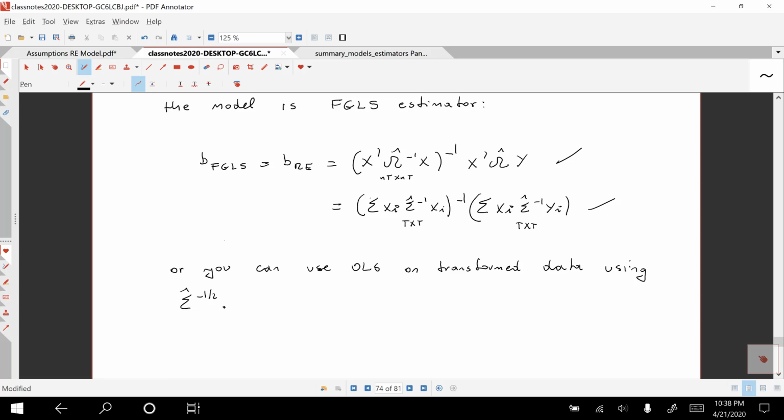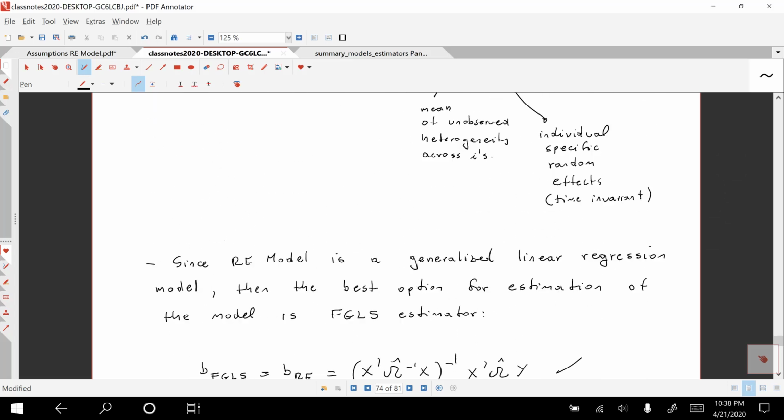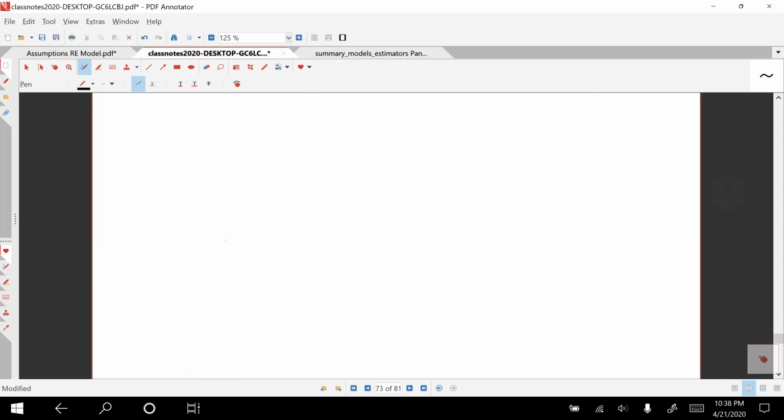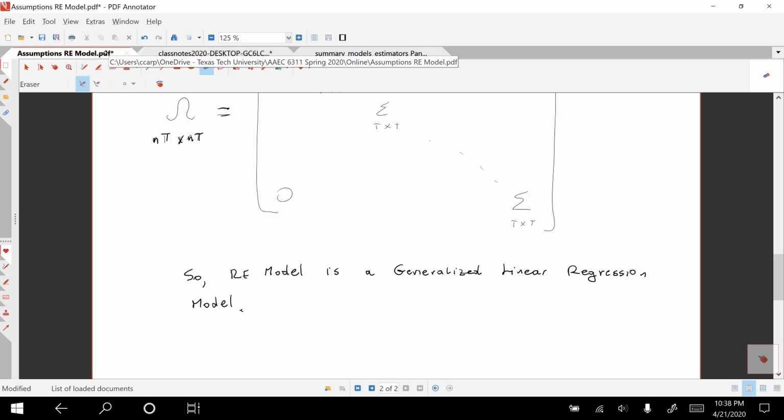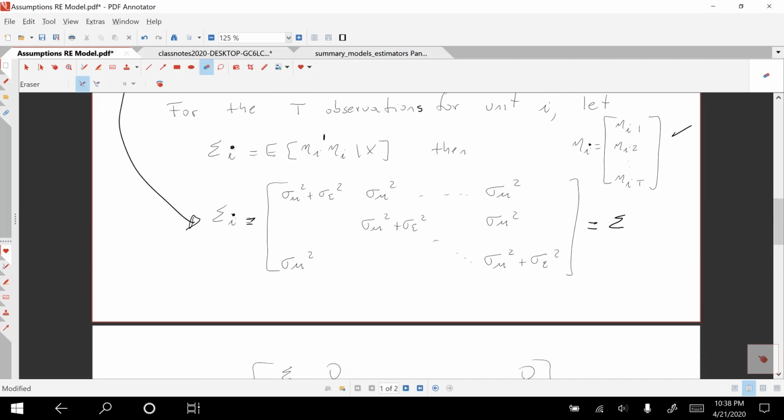Now the next question could be: to apply the feasible generalized least square estimator, we need an estimate of the elements of the variance covariance matrix of the errors, because this is sigma, and most of the time we don't know sigma, so we need to estimate its components. In this case these are the variances of the errors, sigma mu square and sigma epsilon square.